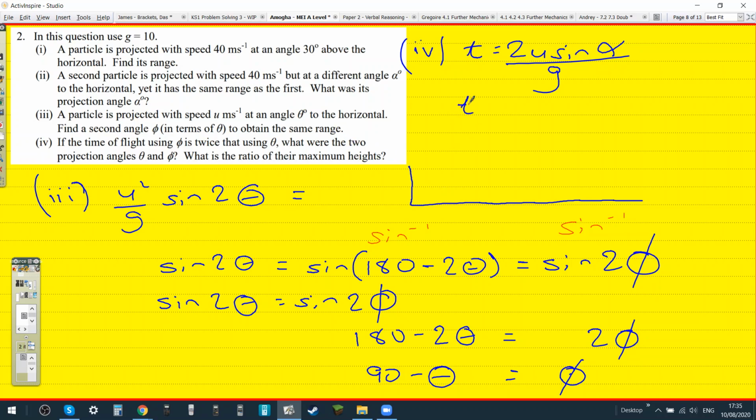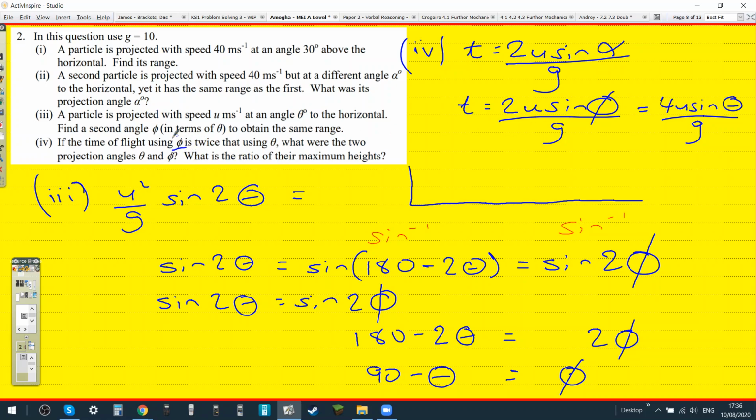So 2u sine that symbol over g is equal to 4u sine theta over g, I think. Wait, no, it should be 4u sine the weird symbol and then 2u sine theta over g, because that one is twice.